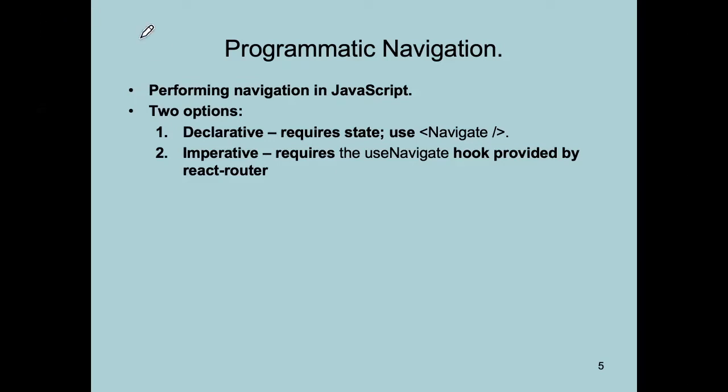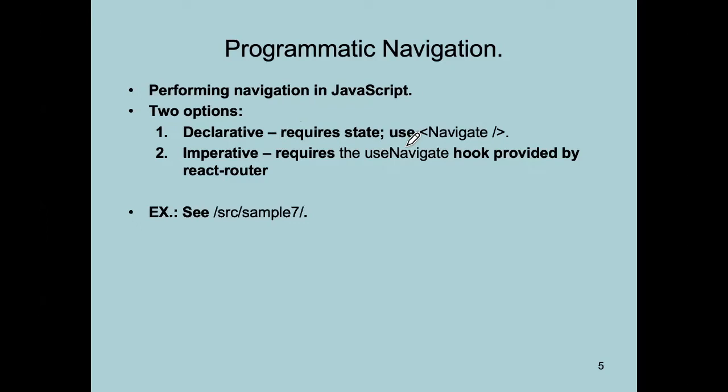And also you will use a component provided by the React Router library called the Navigate component. We'll see an example of that in a second. If you want to take the imperative approach, there's a hook available to us that we use, and the hook is provided by React Router again.